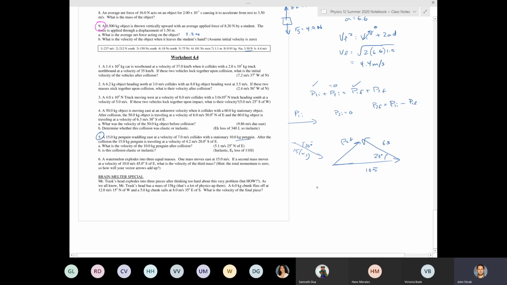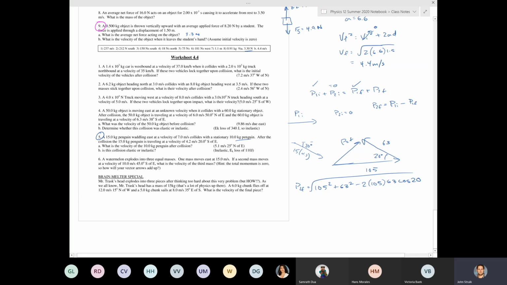So then we're going to use cosine law: 105 squared plus 63 squared minus 2 times 105 times 63 times cos 20. I wish there was an easier way to do this. I've looked on my calculator for a short way to do it, but there isn't.